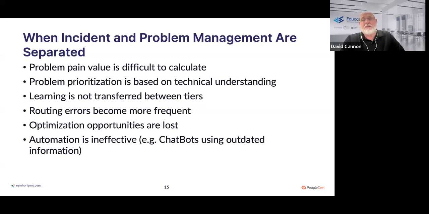My problem prioritization is not based on the impact to the organization. It's based on technical stuff, right? Like, hmm, who do I need to get hold of from the vendor to do this? Are they going to be available? I'll prioritize it according to their availability, right? As opposed to, hey, this is really important and we need to get this solved because every day we're getting 100 new incidents because of it.